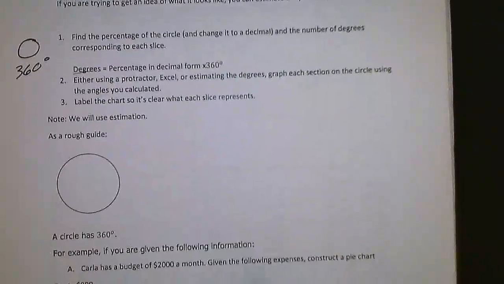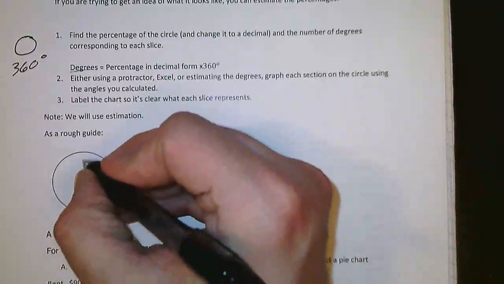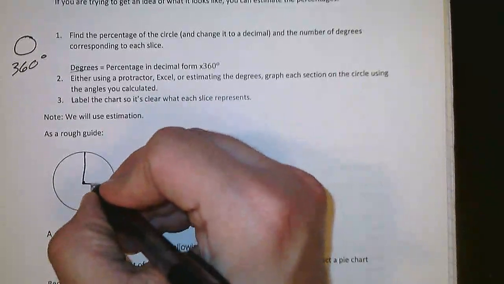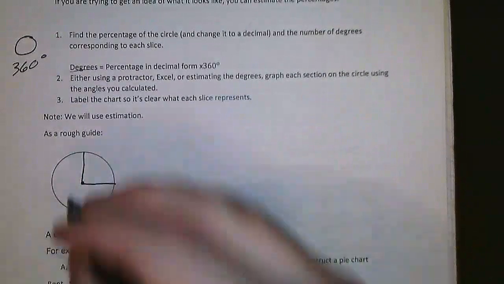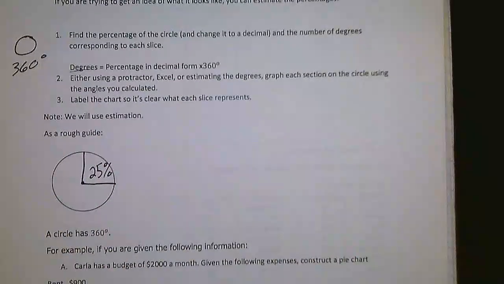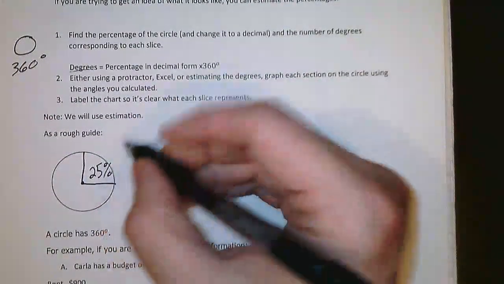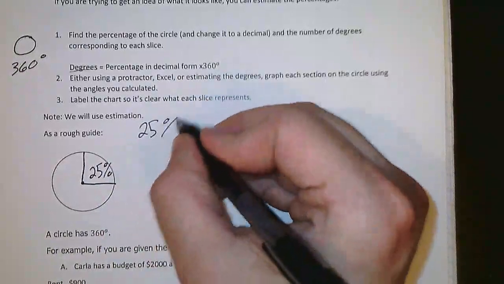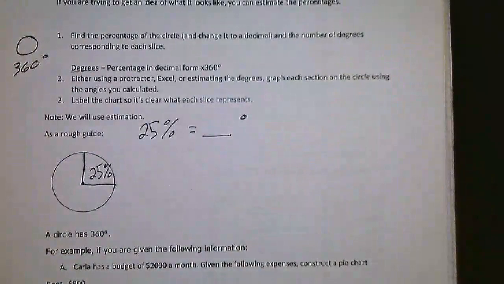So a little guide here. Let's take a quarter of our circle, cut it into a fourth. We know that a fourth is 25%. So convert percentage: 25% is how many degrees?